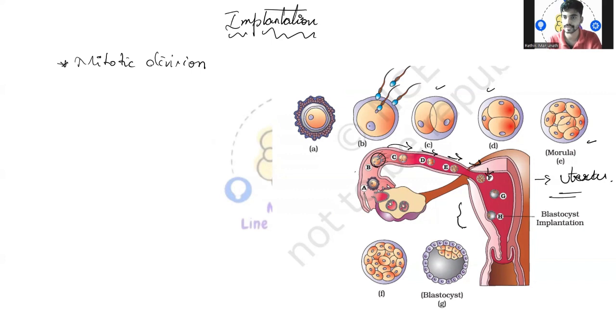This is the uterus region basically. So what happens during this initial movement after fertilization?